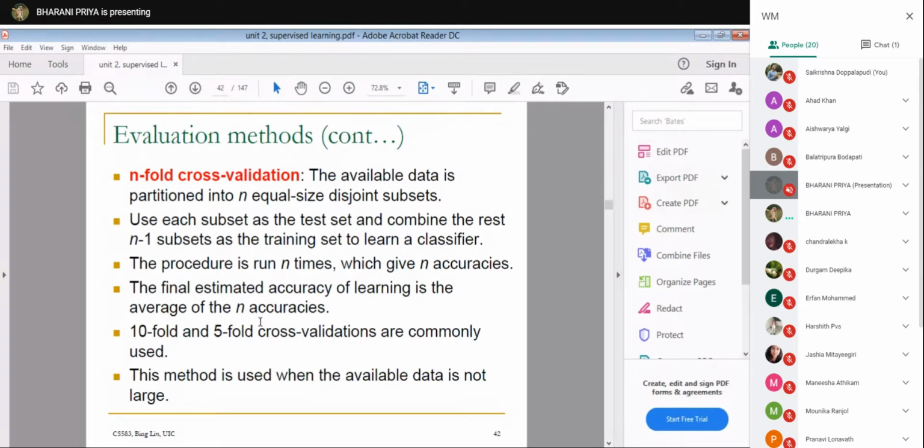The most commonly used cross validation is 10-fold or 5-fold. This method is used when the available data is not large, that is, when the data is small.